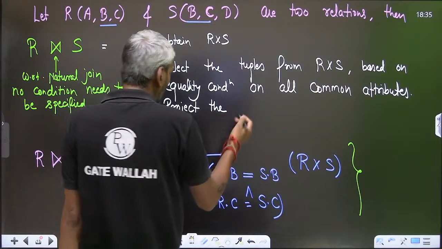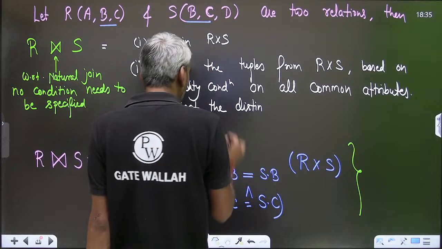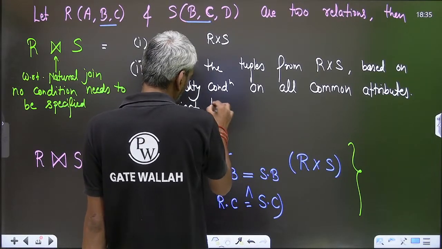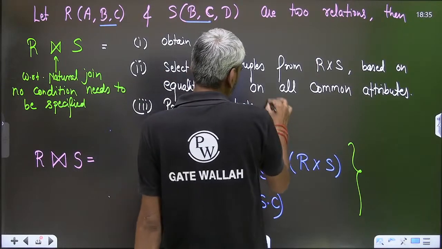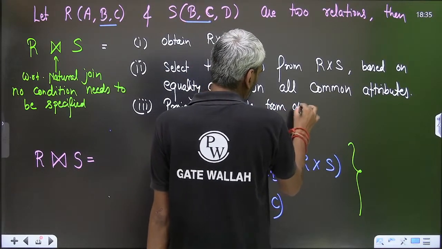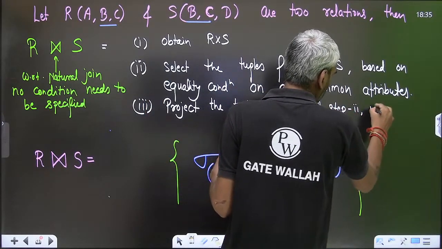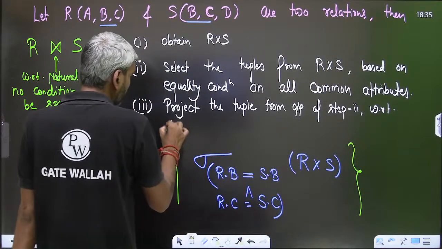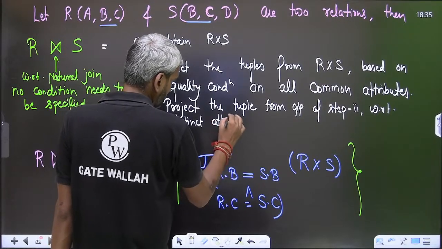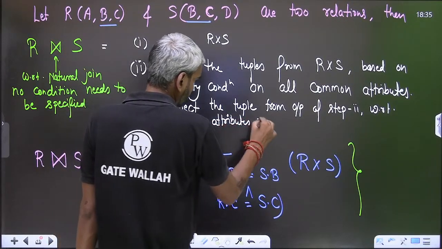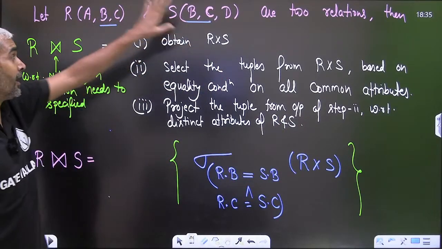Okay. Finally, project the distinct attributes, or project the tuples from the output of step 2 with respect to distinct attributes of R and S. So, in R and S, there are 4 distinct attributes.